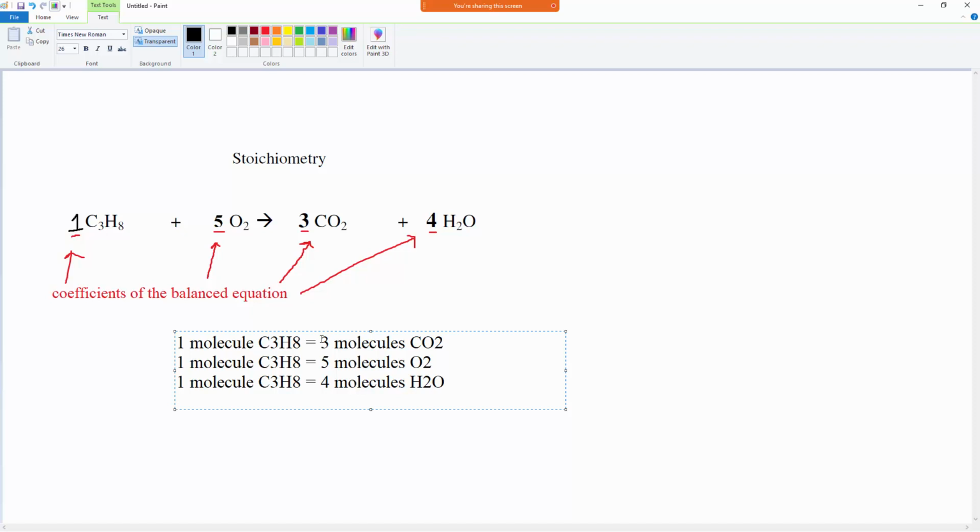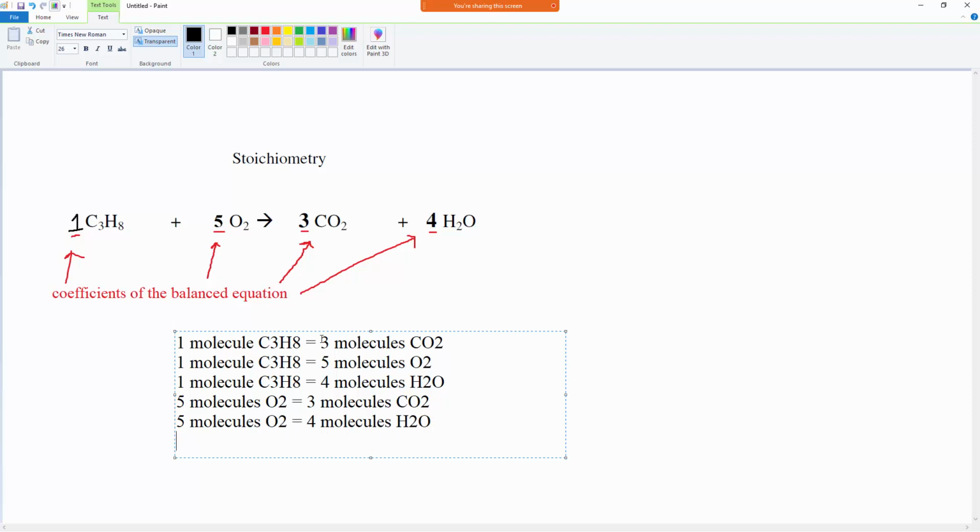And I could go on even and look at the oxygen and say, look, if I am burning propane and I'm using up 5 molecules of oxygen, I should expect that I'm going to get 3 molecules of carbon dioxide in my product. And that if I am burning propane and I consume 5 molecules of oxygen, then I could also expect that I'm going to get 4 molecules of H2O in my product.